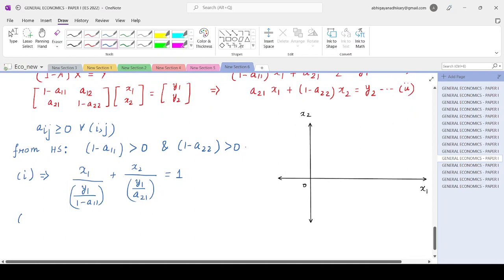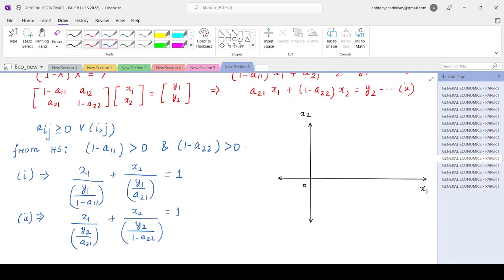And equation 2 will be likewise written as x1 divided by y2 divided by a21 plus x2 divided by y2 divided by 1 minus a22, that is equal to 1. So look over here that a21 is positive and a12 is positive. So these two intercepts are positive. That's for sure. Correct?